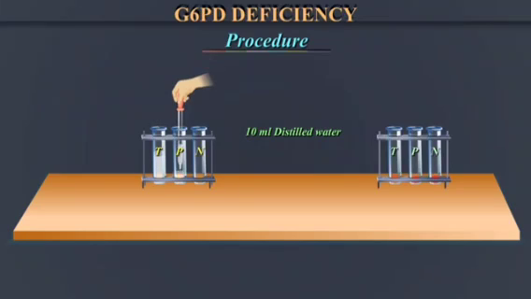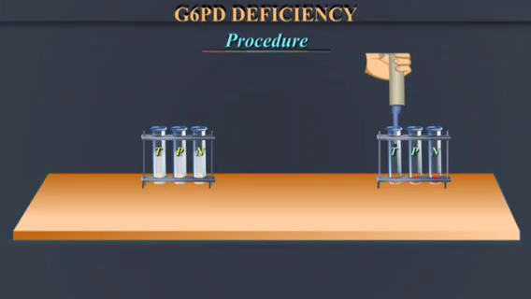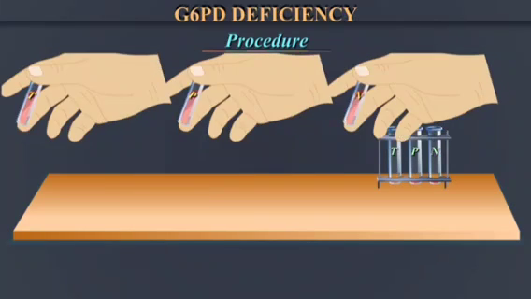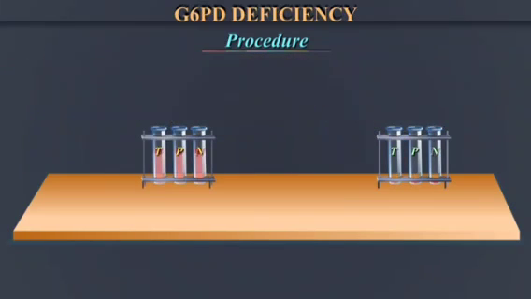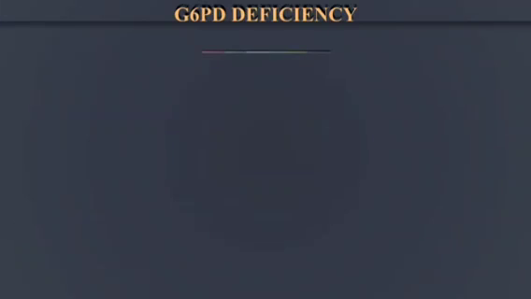Add 10 ml of distilled water to each tube. Now take 0.1 ml aliquots from corresponding original tubes and add to these new tubes. Step 4. Mix by repeated inversions and wait for 2 minutes for the color to develop. Now match the color of the test with that of the positive and negative control tubes.